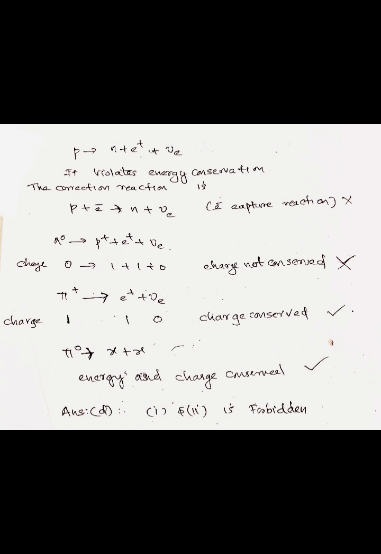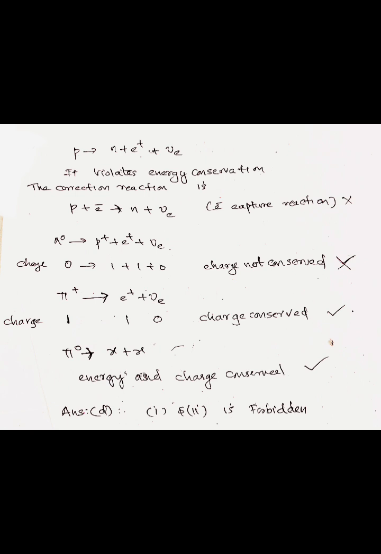Then the second reaction, that is lambda 0 gives p plus e plus nu e. So here the charge is 0 gives 1 plus 0. Here the charge is not conserved. So the second reaction is also forbidden. Then moving to the third reaction, that is pi plus gives e plus nu e. Here the charge is 1, 1, 0. That is, charge is conserved here.